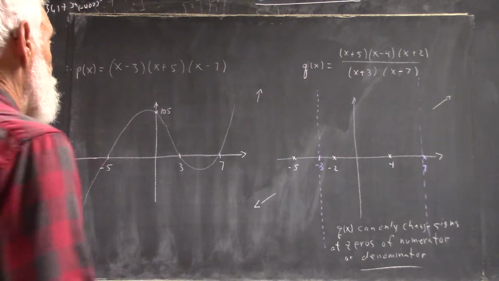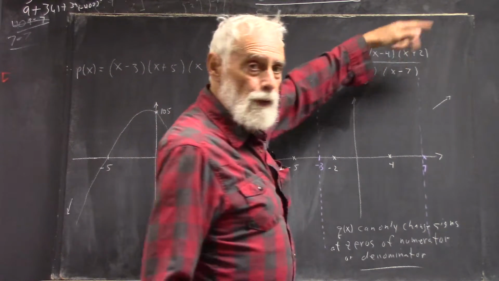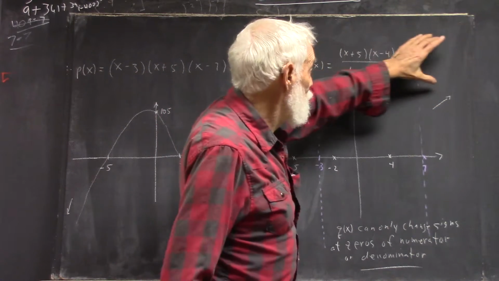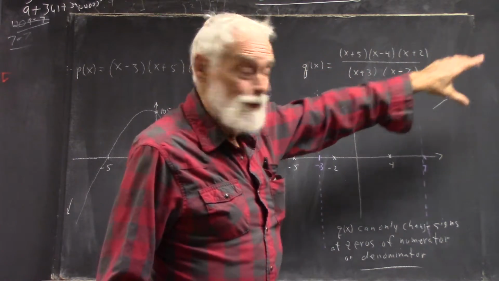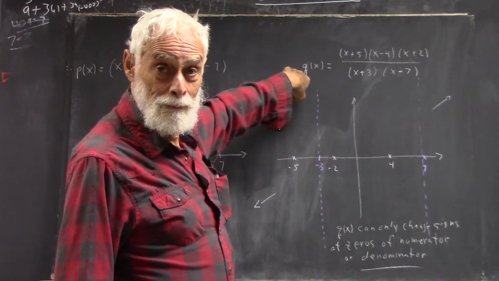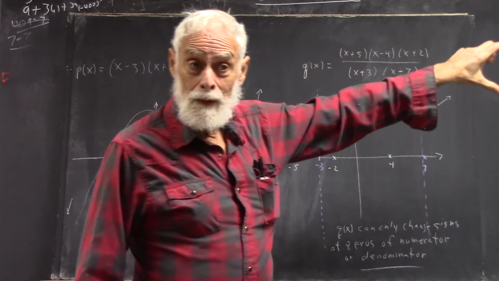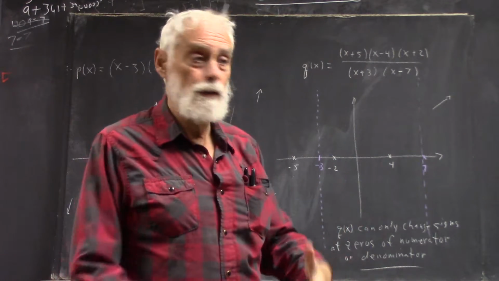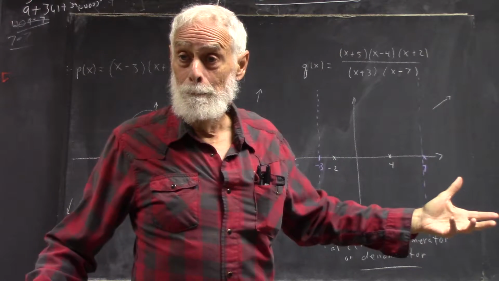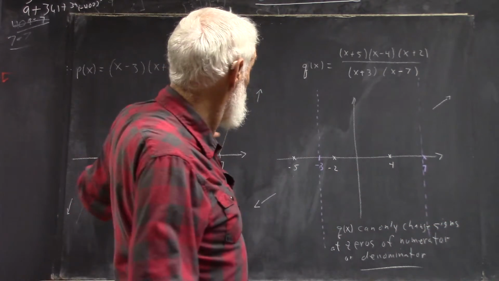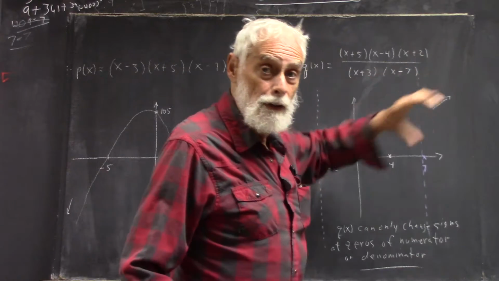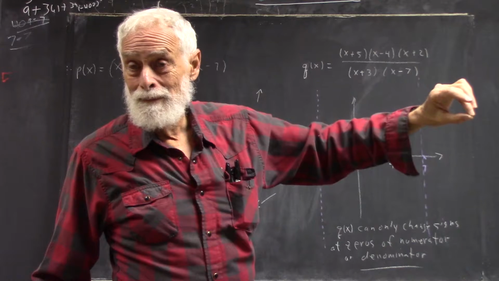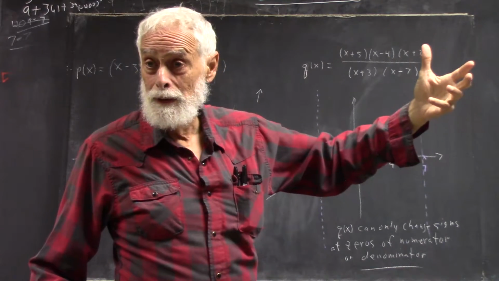The only way you can change a sign is for one of these things to flip from positive to negative or negative to positive. If none of these change their sign, then the sign of this isn't going to change, right? You got 5 signs here. If 3 of them are positive and 2 of them are negative, then you've got a net positive, right? And unless one of these changes, until you get the value of x that changes one of these, that's what you're going to have. It's going to be positive, okay?